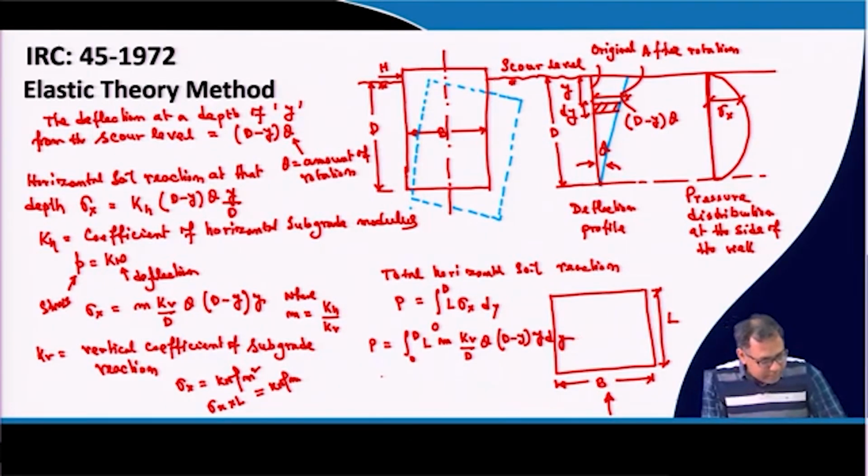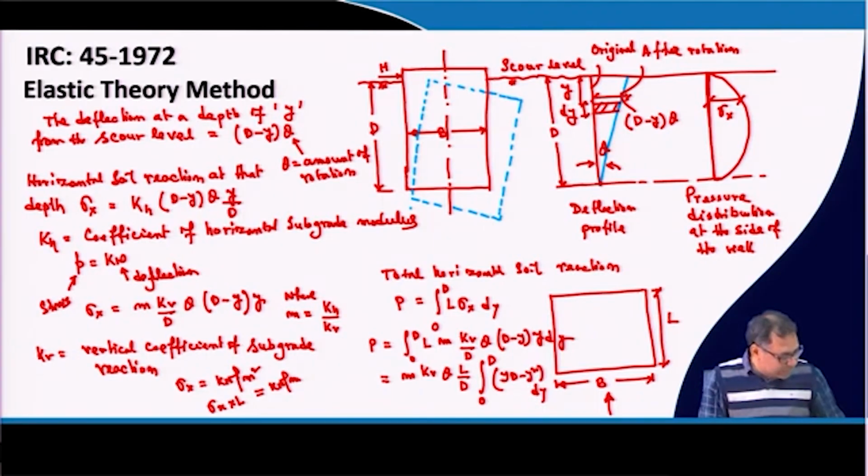Okay. And finally, we can take that m kV divided by d, and that is the L term. So, this is kV theta. So, there is m kV theta, then L divided by d, then we put the integration 0 to d, then this is y d minus y square into dy.